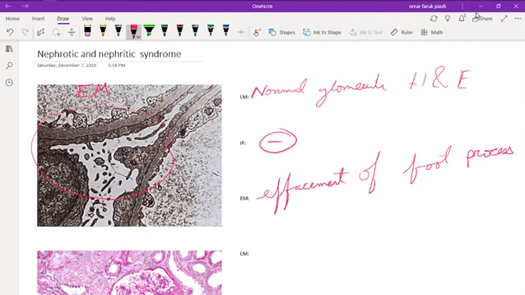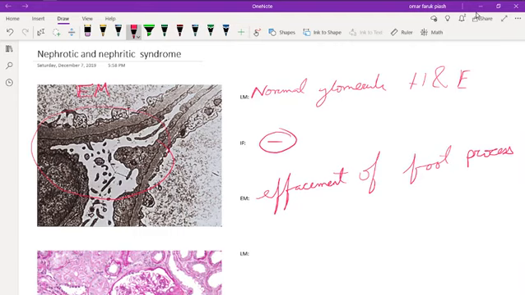Let us remember it again. On light microscopy, you get normal glomeruli on H&E stain. Immunofluorescence is negative, and there is effacement of foot processes. Why is there effacement?